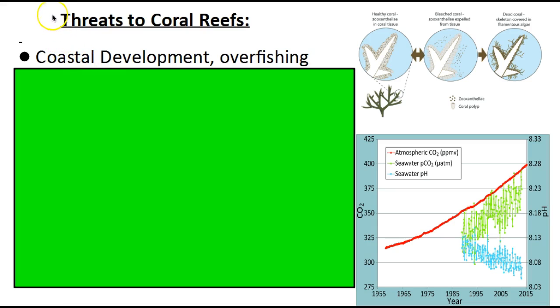Developing the coast because as we get more people, they might add pollutants to the water, there might be more people in the water using it. So coastal development threatens coral reefs. Overfishing. If we fish all the fish out, or we're constantly using all these boats that scrape the bottom of the ocean, all these nets, we're going to ruin the coral reefs.